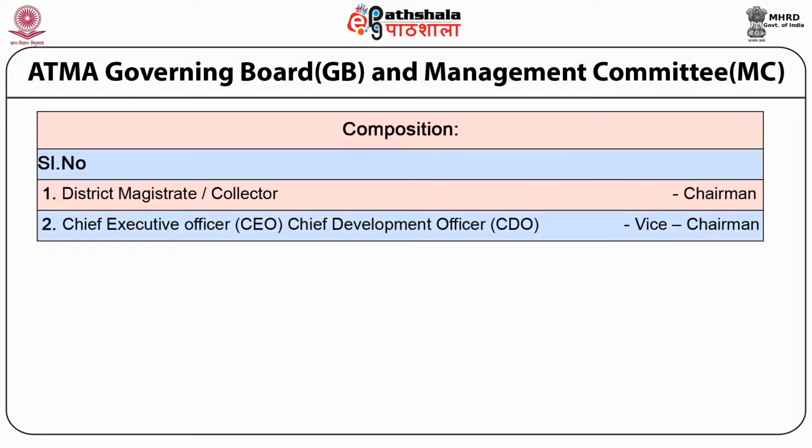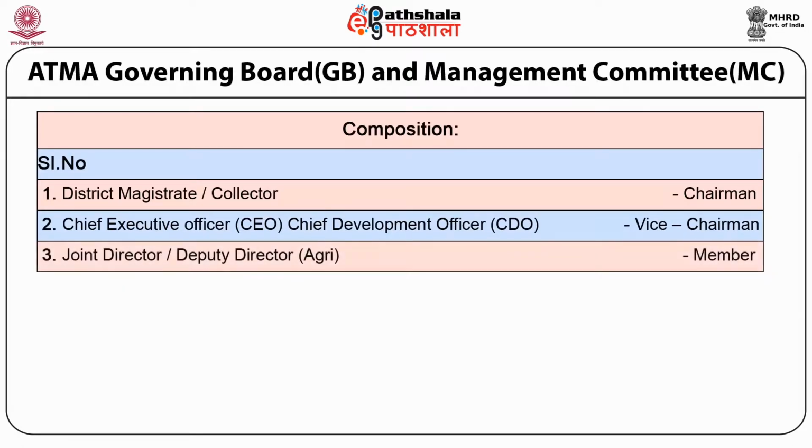The chief executive officer or the chief development officer of that district is nominated as vice chairman, because he also looks after the Panchayati Raj institutions and various other developmental initiatives at the district level. Hence, the chief executive officer or the chief development officer of the district is the vice chairman. The joint director or the deputy director of agriculture is a member, being the head of the agricultural activities in a particular district.